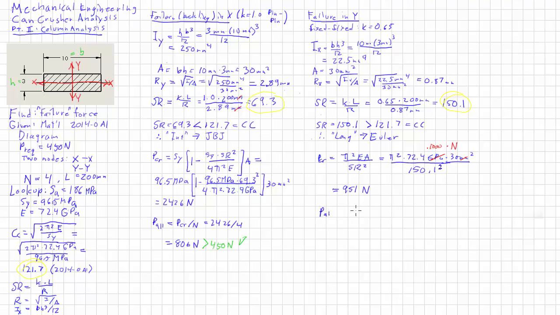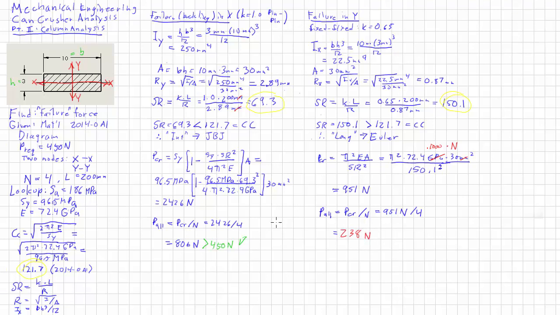And if I consider my design factor, my allowable load is my critical load over N, and that's 951 newtons over 4, and that yields 238 newtons.